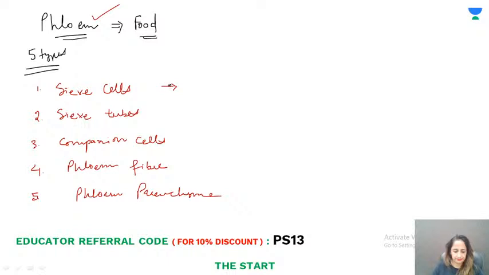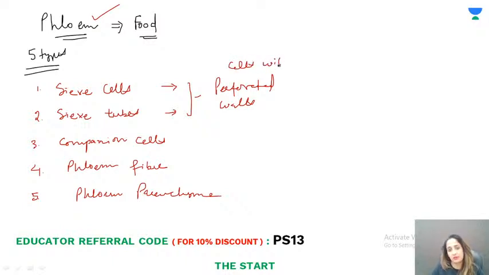Okay, so let's quickly talk about these. So sieve cells and sieve tubes, these are kind of cells with perforated walls. Okay, then except for phloem fibers, just this one in this case is dead, and the rest are all living.